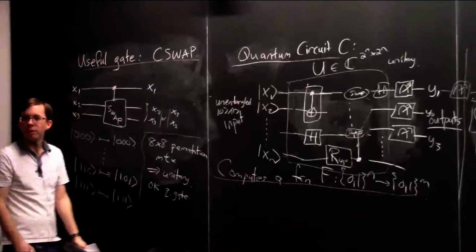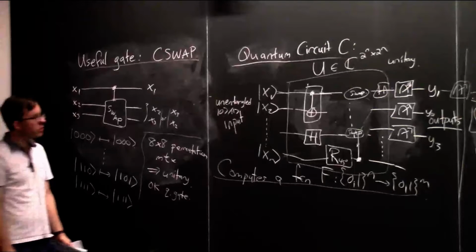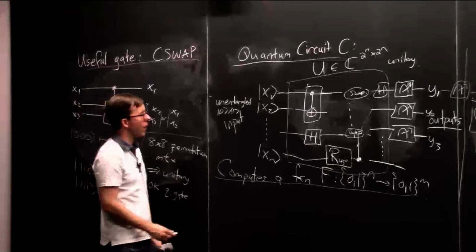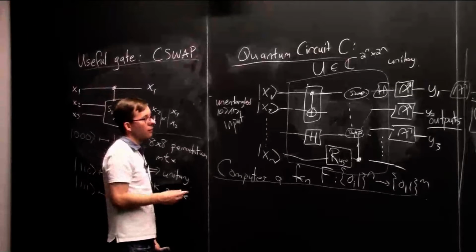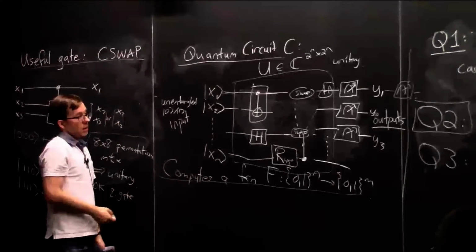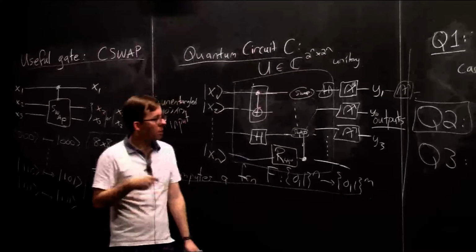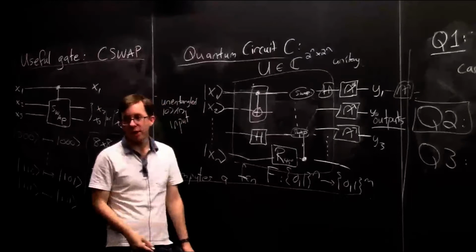Okay, I was just going to ask, why does it not? Because if you have to swap all the way down, that could take n steps. That's true. If you really were not careful, then for every n-qubit computation, having to do all these swaps so many times might blow up your computation time by a factor of n.